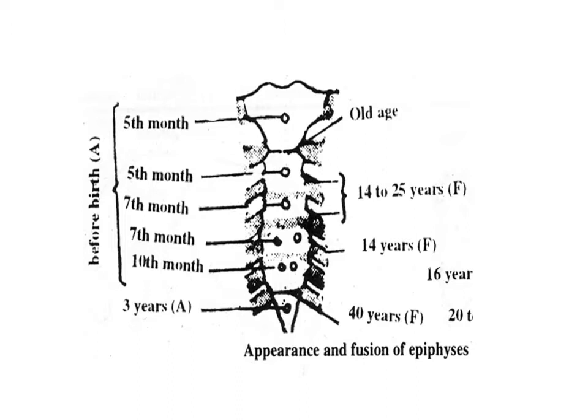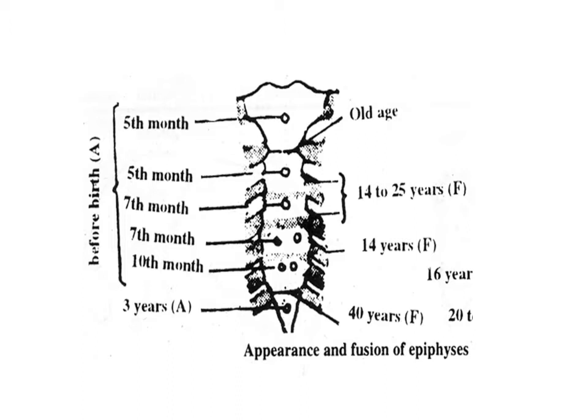The fusion of these bones starts from the age of 40, wherein the xiphoid with the last piece of sternum fuses at the age of 40 years, and the manubrium and the first piece of body fuses at the age of 50 to 60 years.